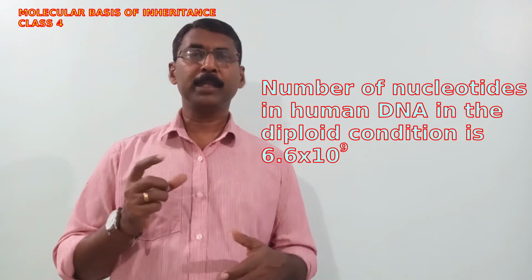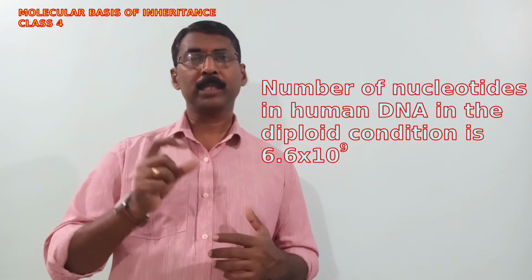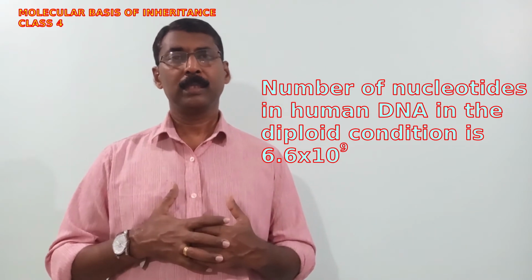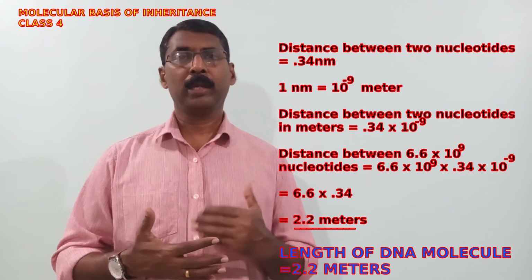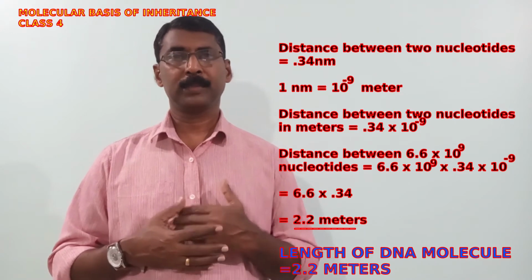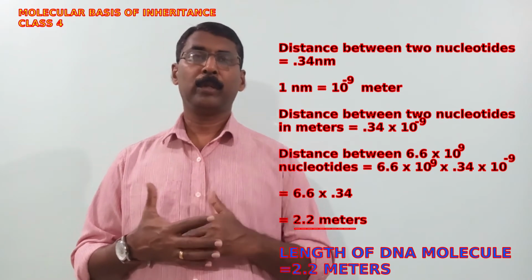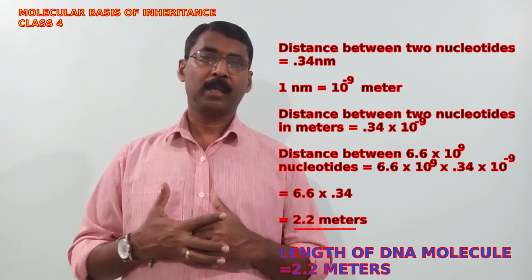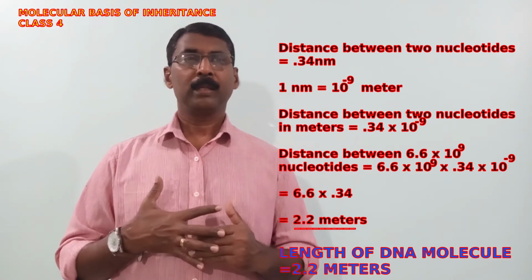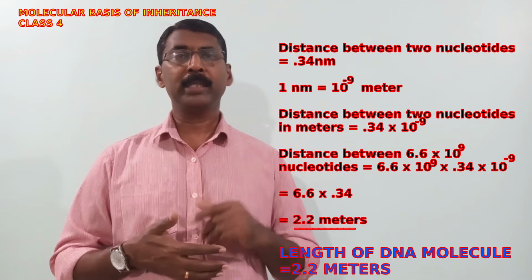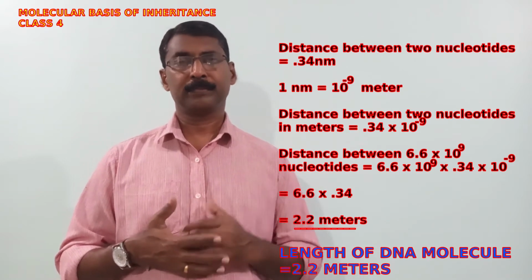And the distance between two nucleotides in a DNA molecule is 0.34 nanometer. And 1 nanometer is equal to 10 to the power of minus 9 meter.